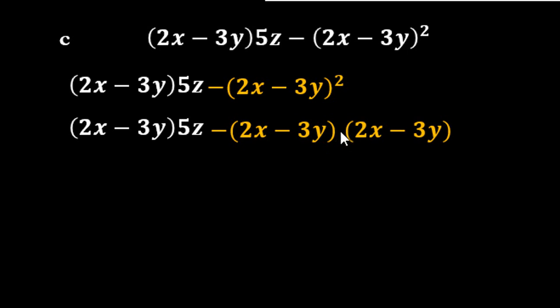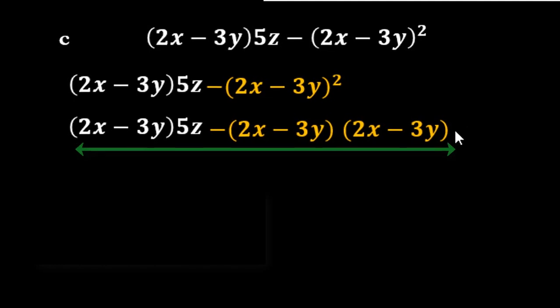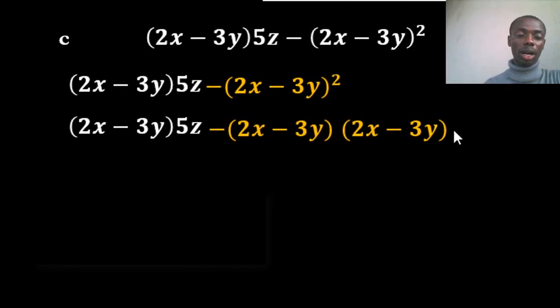So if you agree with me that we are having 2 terms for the sake of this factorization, if we are having 2 terms in the whole expression from here down to here, now you will agree with me that the common factor to both terms is 2x minus 3. I know you will agree.